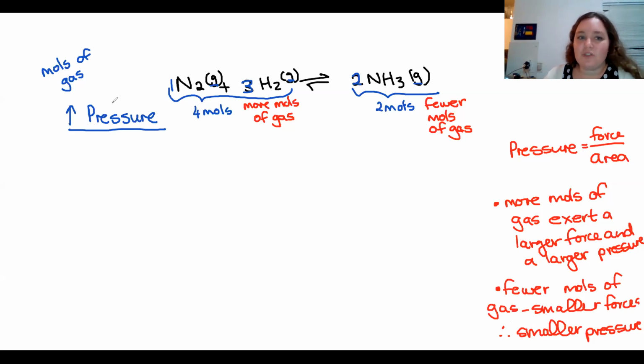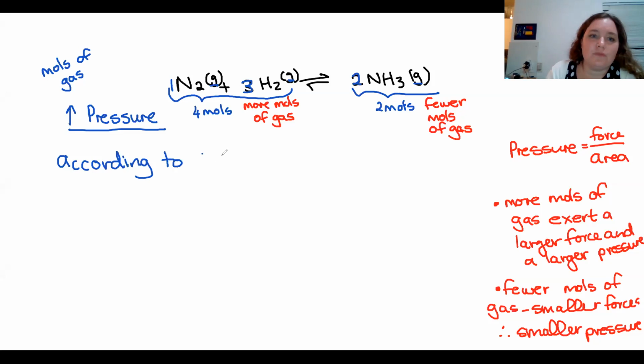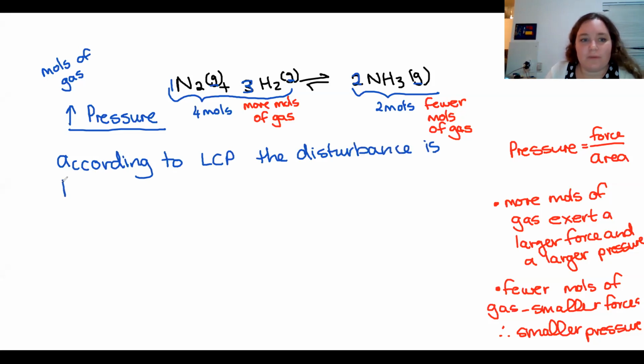So when it comes to pressure, the only way that we can have an equilibrium that shifts is if we're favoring the side with the correct number of moles, fewer or more. So our rule here is that according to Le Chatelier's principle, the disturbance is an increase in pressure.